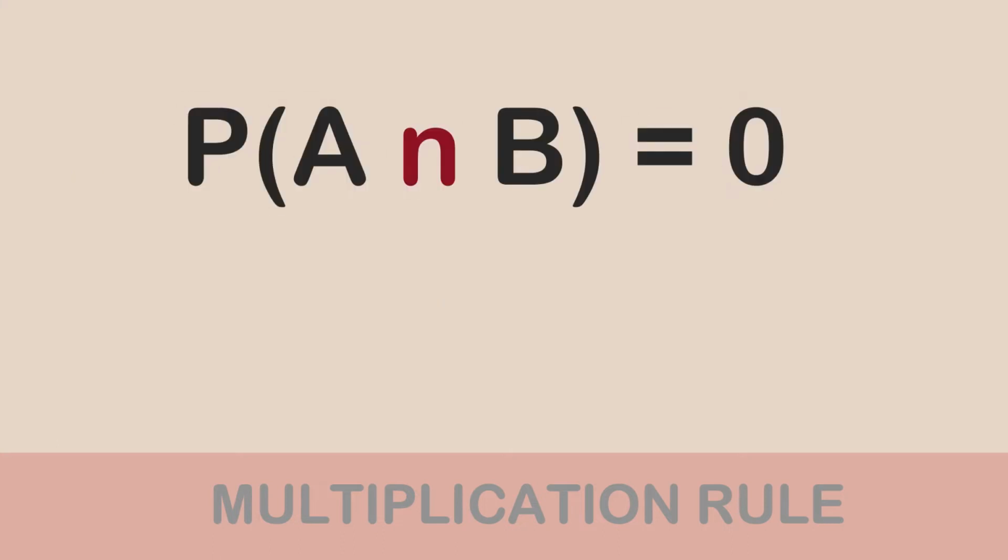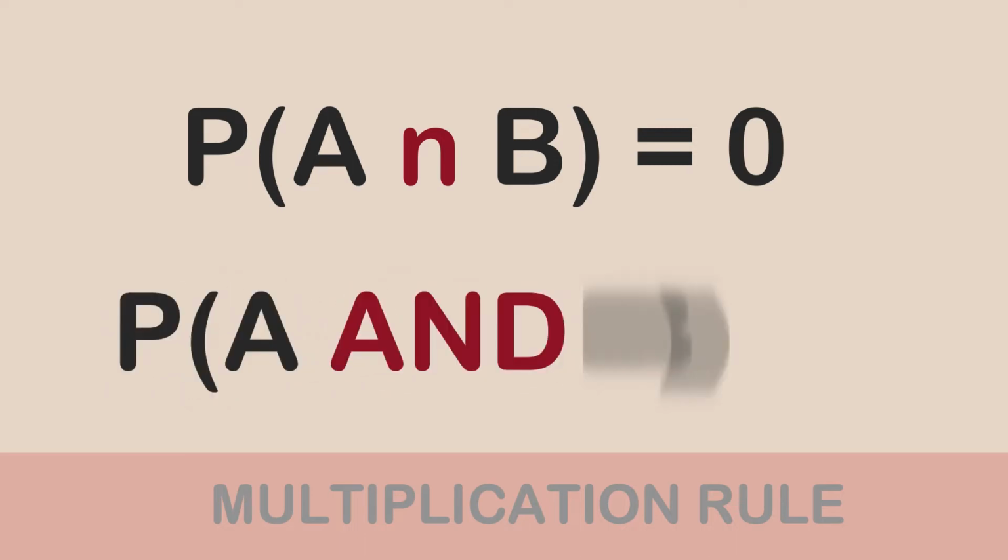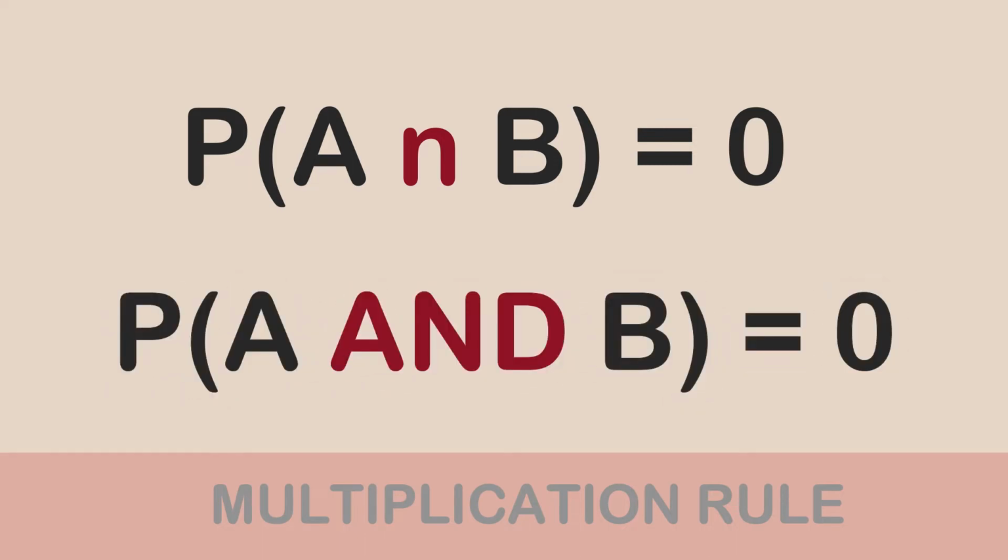So that means probability of A intersection B is equal to 0, which you can also write as probability of A and B is equal to 0. And this is known as the multiplication rule of mutually exclusive events.